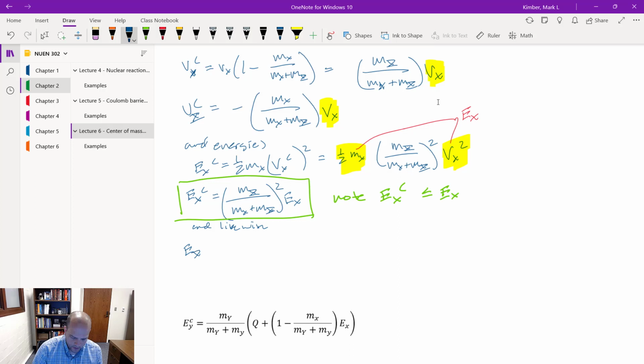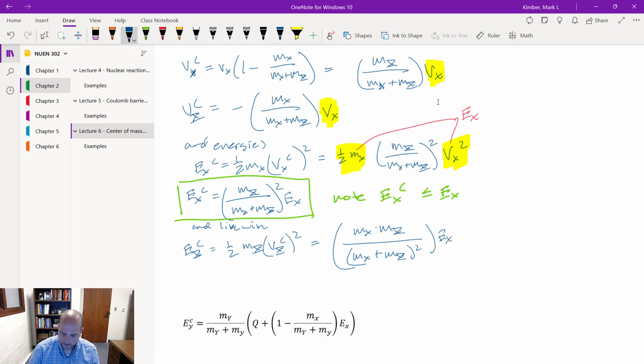And so that one will be 1/2 MVx in the center of mass reference frame squared, and if I carry that out, then this is just going to be the product of the two masses divided by the sum squared, multiplied by that Ex. And so what do I have in this case?